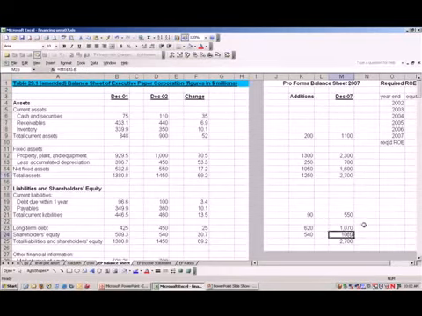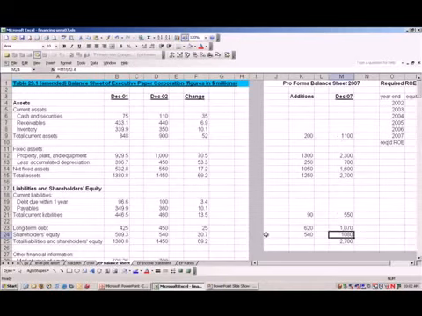Now we have to ask the question, is this financial plan feasible? The key to financial plan feasibility is answering the question, is it possible to grow equity from $540 million in 2002 to $1.08 billion in 2007?